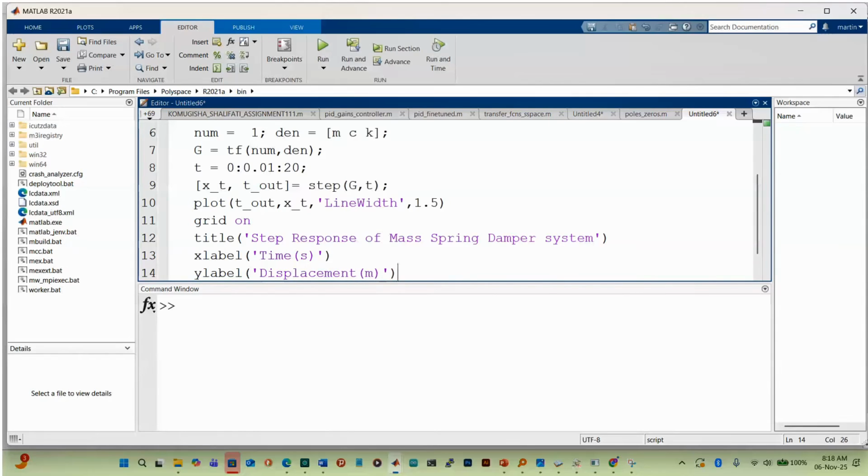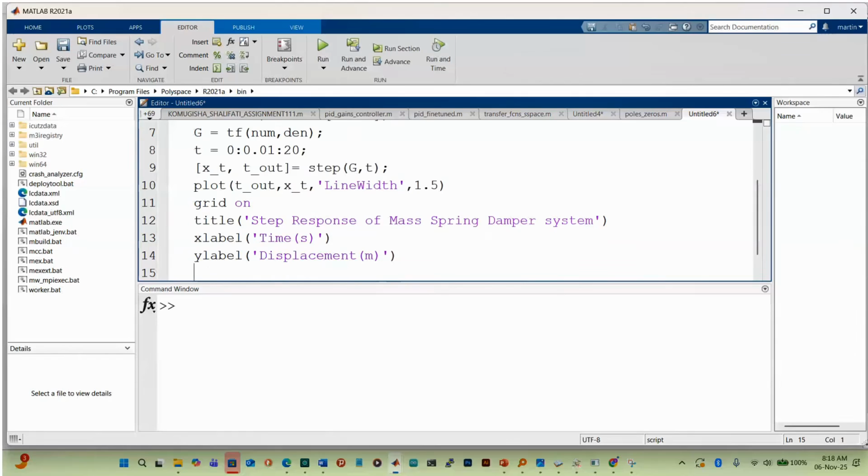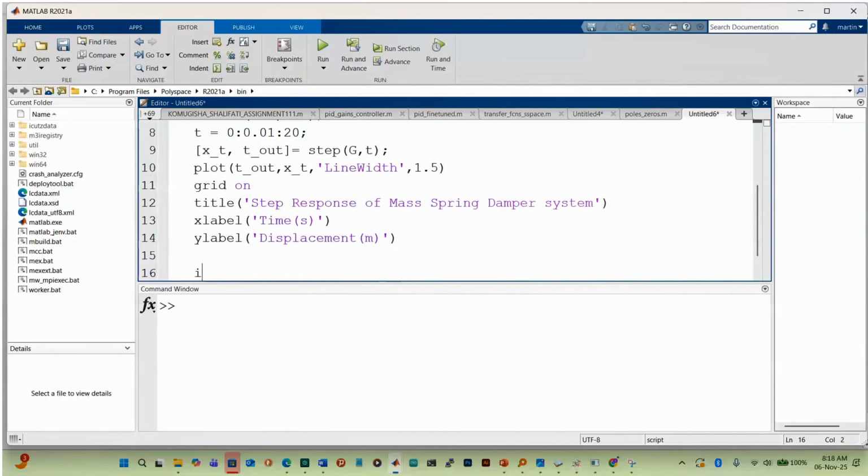Next, we again say we want the info, since the question was that you have to display the step info, where you give details like the overshoot, the undershoot, and all those values at the steady state. When it rises up, what time does it take? That's the rise time.